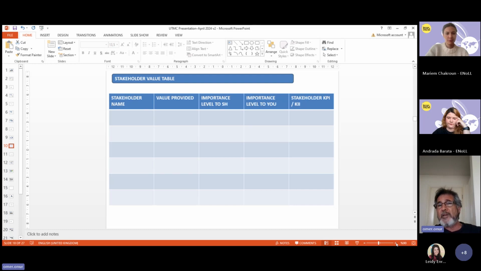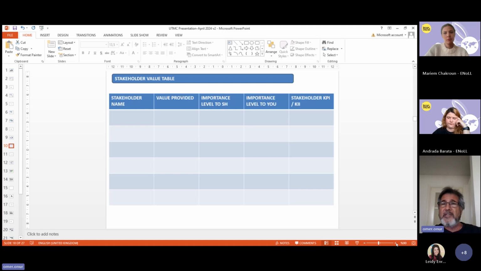There are two levels of importance. One is the value and the importance to the stakeholder, and also what is the importance to the living lab. How relevant and how important is it to keep the stakeholder engaged in the process.